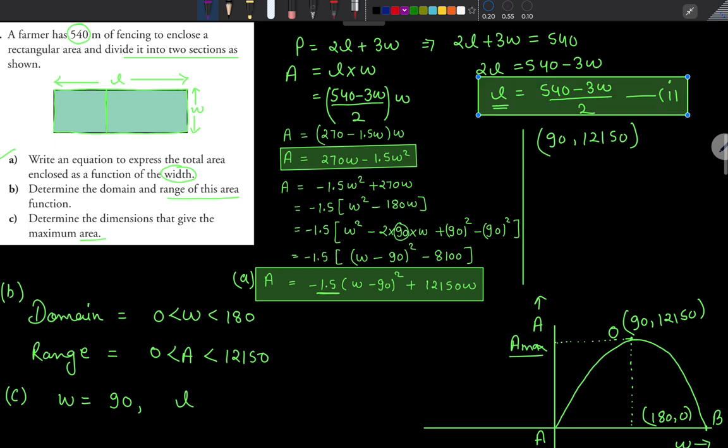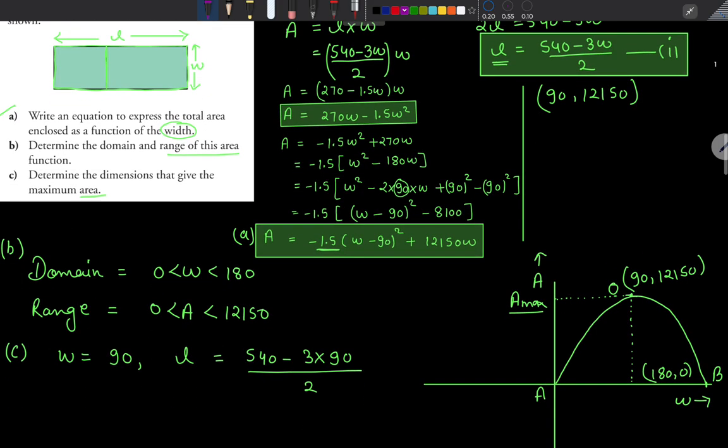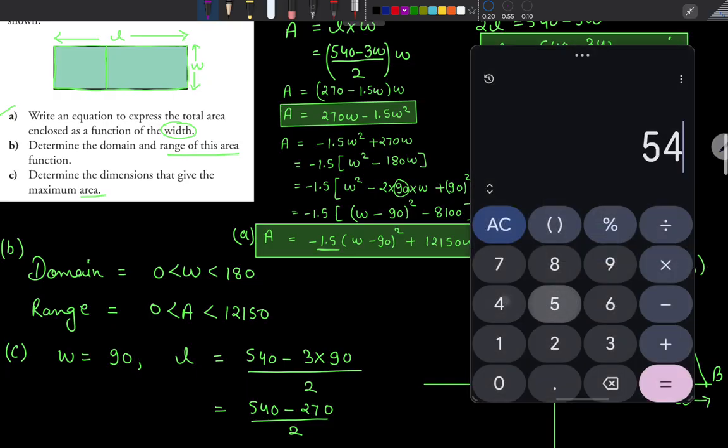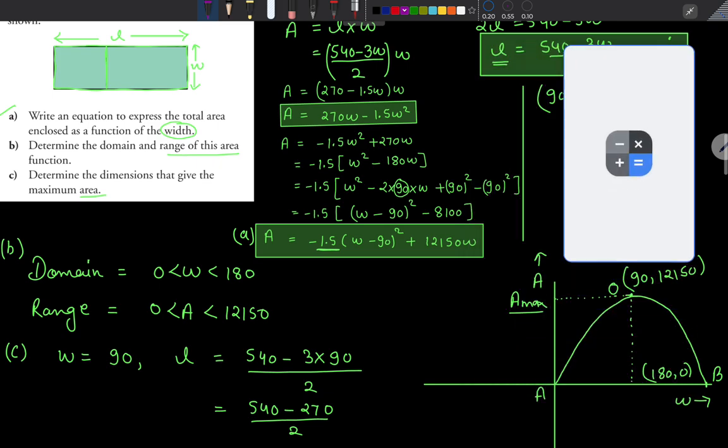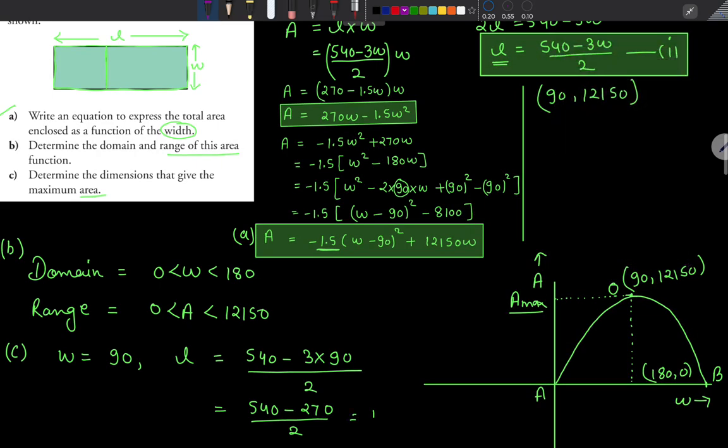Putting the value of W there, L will be 540 minus 3 times 90 over 2, which is 540 minus 270 divided by 2, so this is 135 meters.